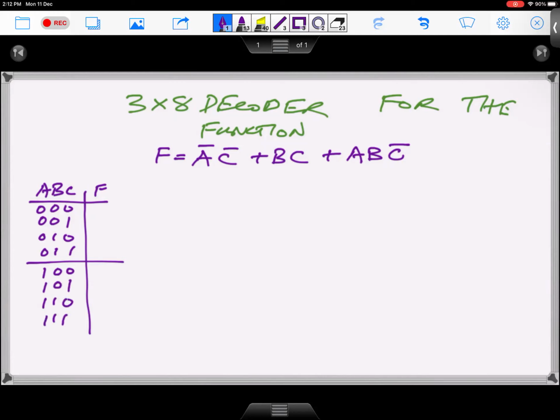Now, the first term tells us that the function is a 1, listen carefully, wherever A and C are both 0. That's what that's telling us. So that's going to produce a 1 there and here.